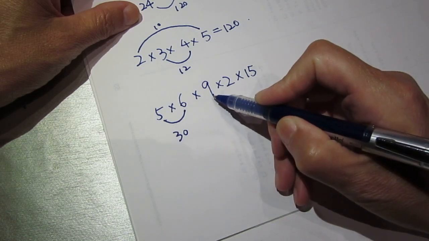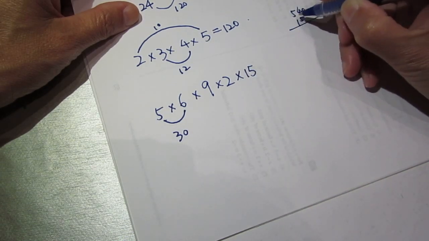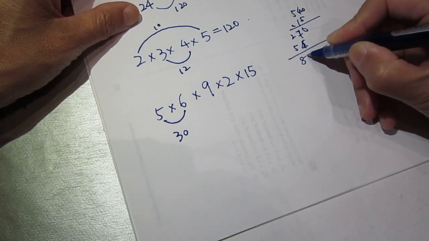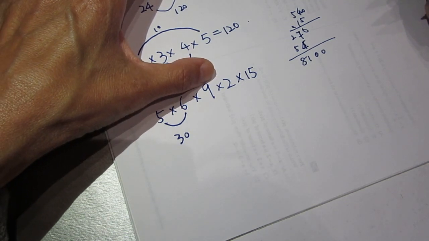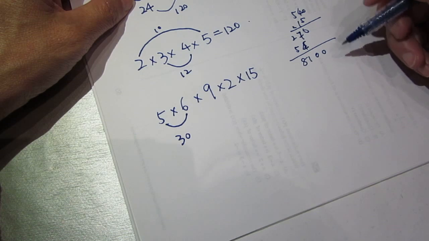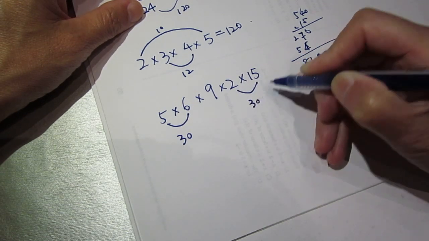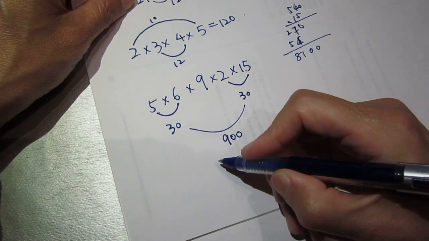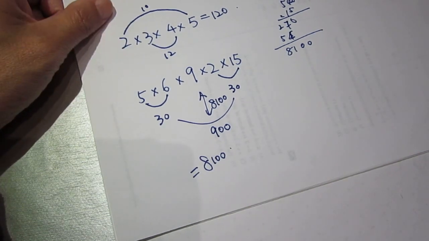If you do 30 and then 270 and then 540, 540 times 15 equals 8100. Or, 5 times 6 is 30, 2 times 15 equals 30. Right, 30 times 30 is 900, 900 times 9 equals 8100. So the result is 8100. It's the same.